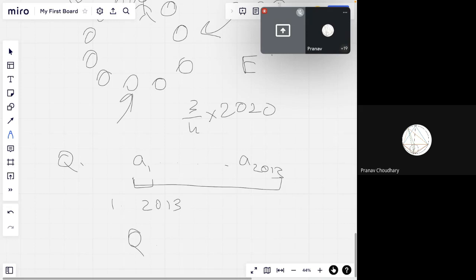So 2013 choose x. Now we find the number of ways such that these 2013 numbers are filled with only those x numbers, each being used at least once, and then we sum over all x and divide by 2 to the power 2013.